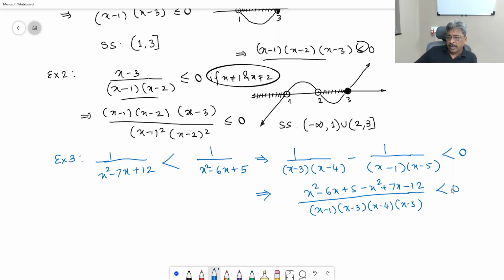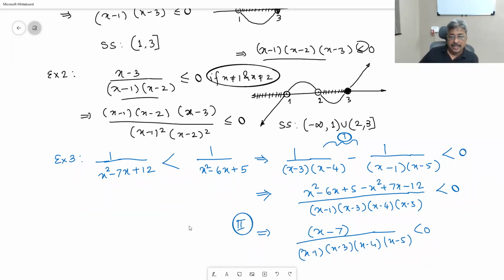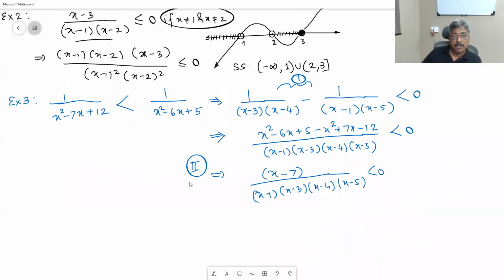That is going to be the numerator, which is x minus 7, divided by (x minus 1)(x minus 3)(x minus 4)(x minus 5), should be less than 0. So this is first, this is second. I am just checking how many jumps you have to take to arrive at the final answer. If the number of jumps is more, the problem is difficult; if the number of jumps is less, the problem is easy.